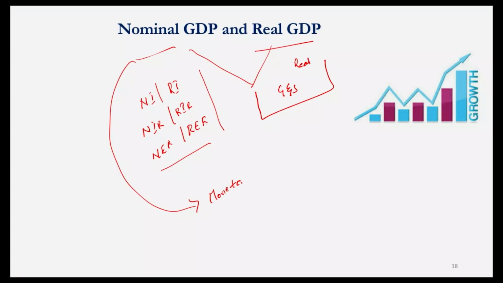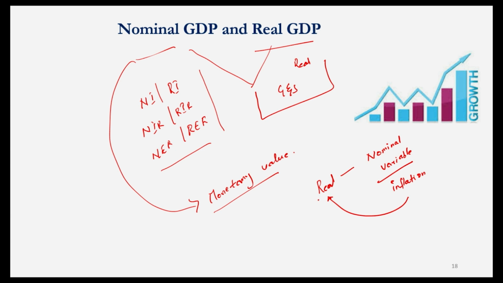Or technically speaking, a real variable is a nominal variable adjusted for inflation. I mean if you remove the component of inflation from a nominal variable, whatever you would be getting is what we call a real variable.